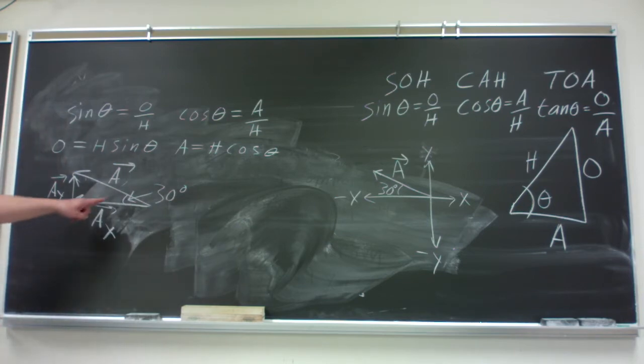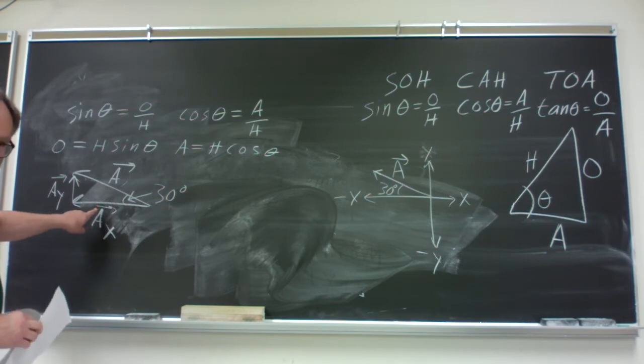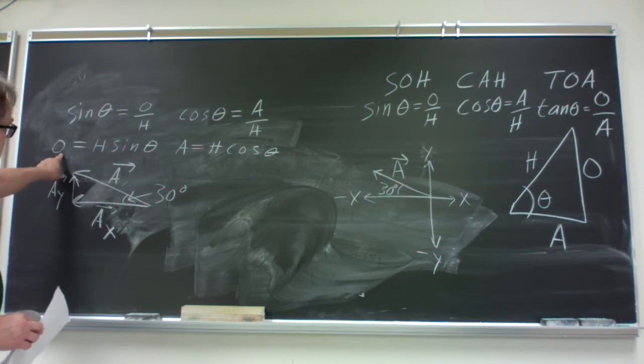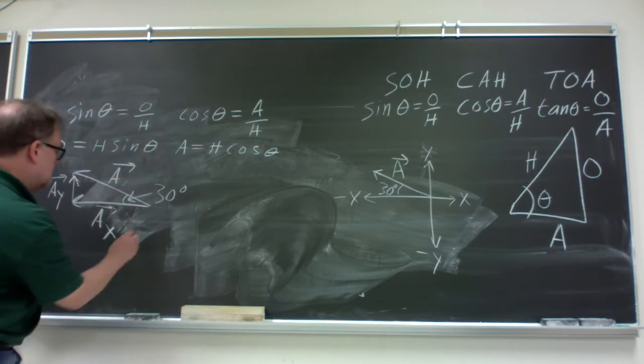So the side that's opposite to the 30-degree angle is the y component. So the size of this y component is just equal to, it's the opposite side, so it's just equal to the size of the hypotenuse times sine 30 degrees.